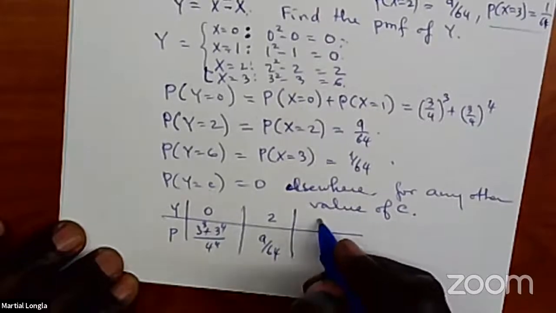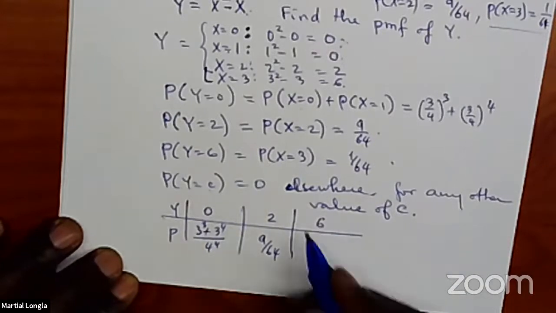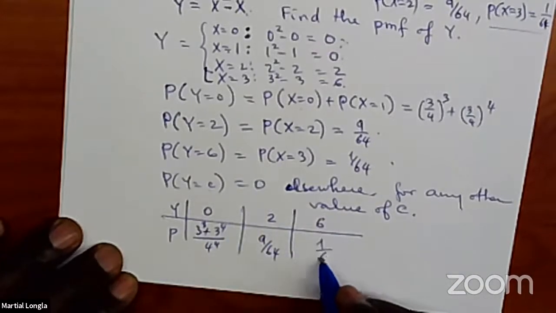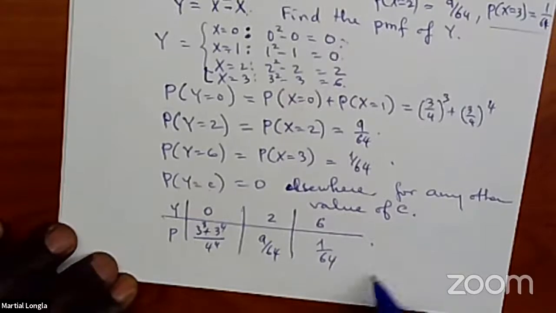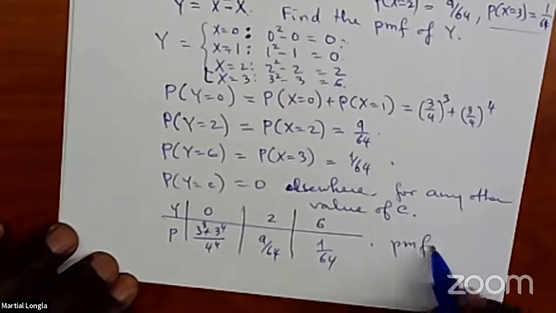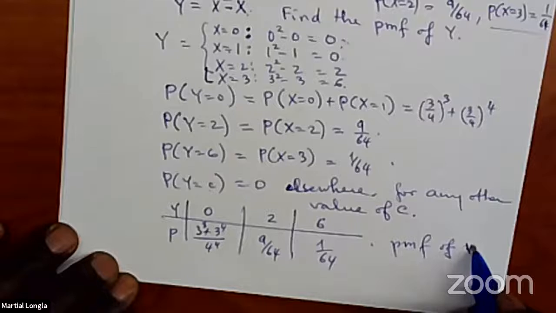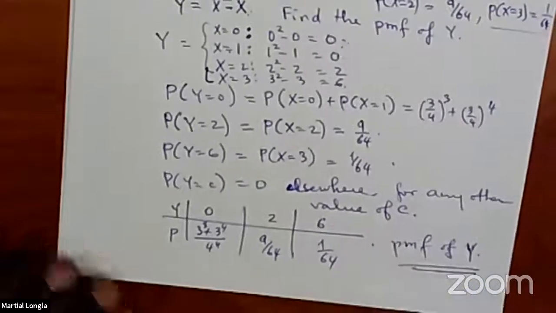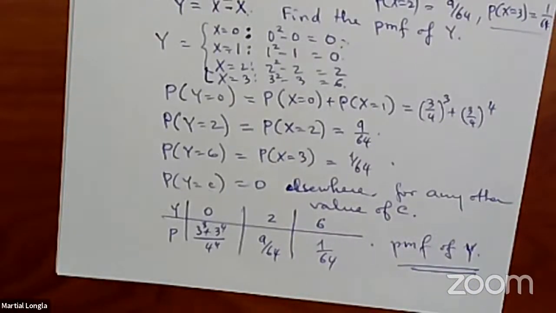And then one is a 6. So this is the PMF of the random variable y. And based on that, you can construct the CDF of y. And based on that, you can answer all the questions concerning y. Okay.